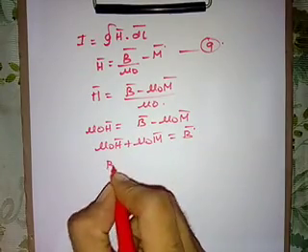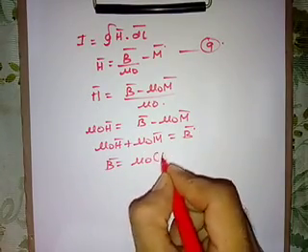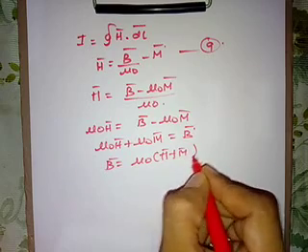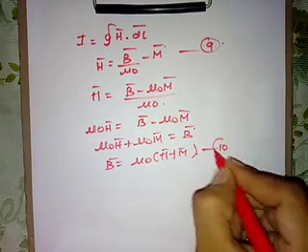So B bar is equal to mu naught into H bar plus M bar. Let us write it as equation 10.